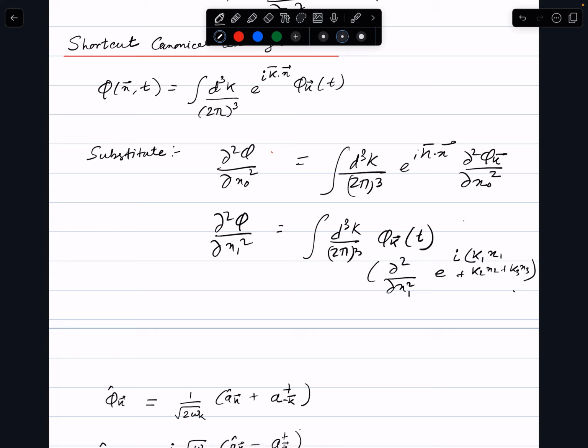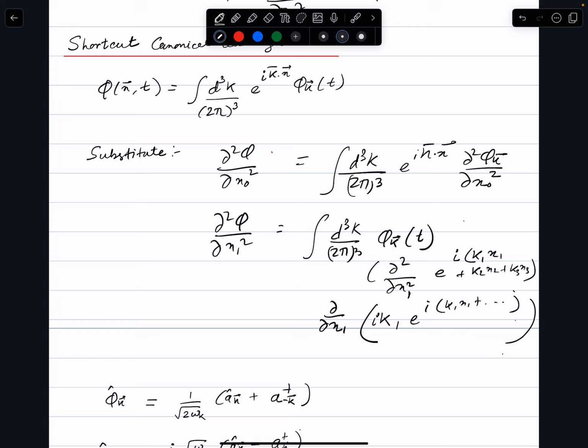This is with x1, so it will only act on this, and the first derivative will bring down an i k1. So this is del x1 acting on this whole thing. This will be i k1 e to the power i k1 x1 and so on, right?